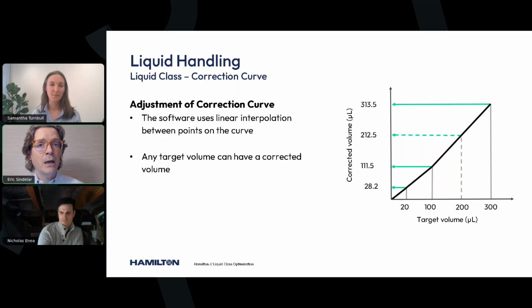Now, through your testing, if you find that when you specify to transfer 200 microliters, less is actually transferred, say 195 microliters, you could add the specific target volume of 200 microliters to your correction curve with the appropriate corrected volume to ensure trueness of that transfer.